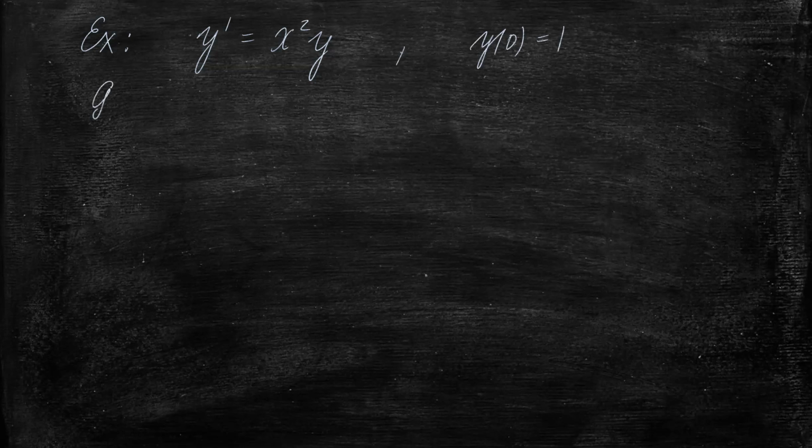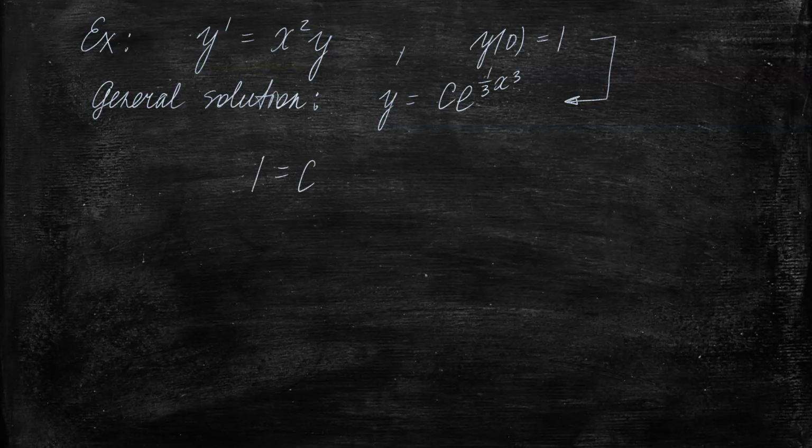So let's recall that the general solution that we obtained previously was c times e to the power 1/3 x cubed. And to find the particular solution, we're going to use the initial condition, and we're going to replace y with 1 and x with 0.